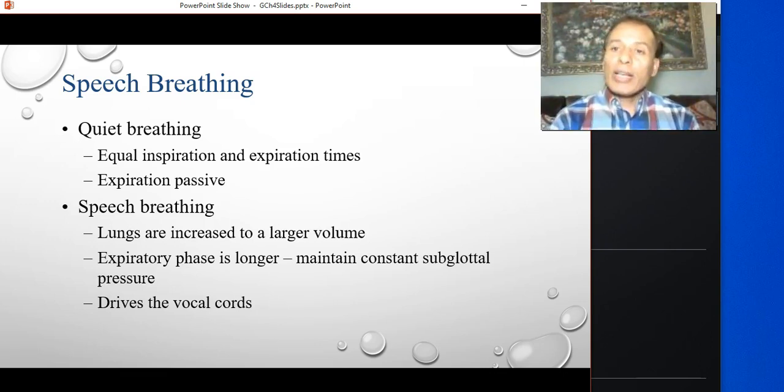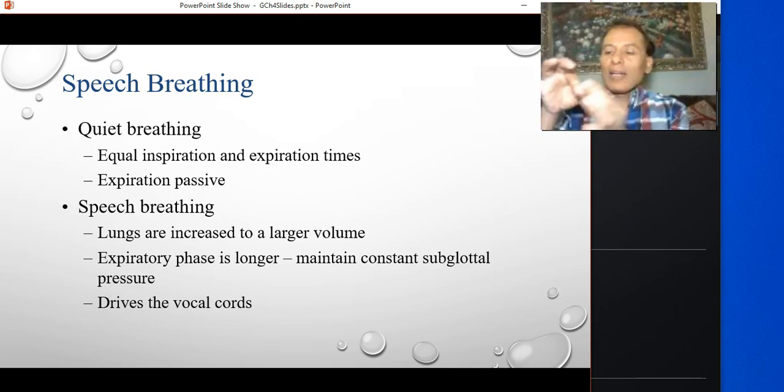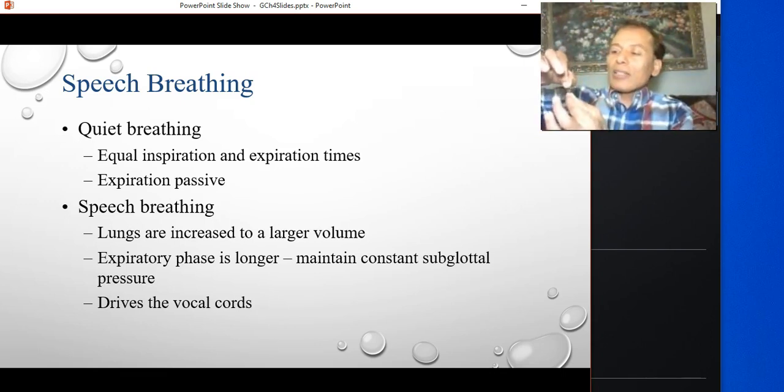For speech breathing, if the whole breath takes 10 seconds, only 1/10 of that is going to be spent in taking the air in, and 9/10, 90% of the time, will be spent in expelling that air out. It's like taking a balloon and blowing, and then holding the neck and trapping the air and releasing the air slowly, so that the balloon makes a sound.